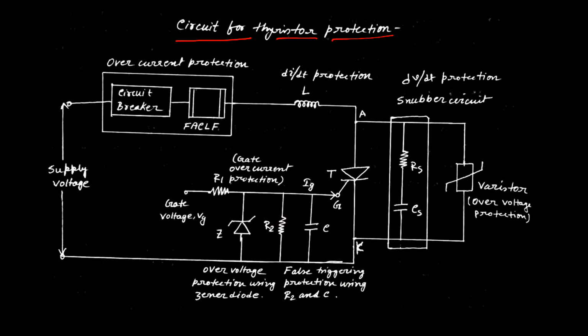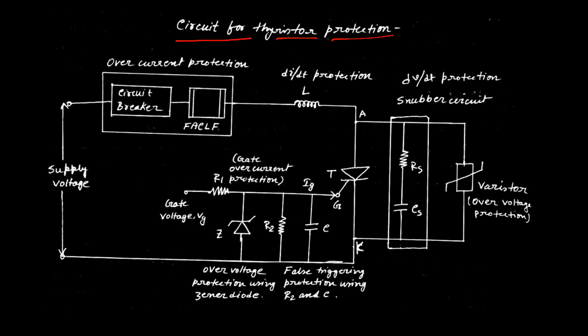R2 is there to protect from overvoltage which can be generated by the gate supply, and R1 is there to protect from the overcurrent from the unwanted signal which can be generated by the gate supply. And the Zener diode is connected across the gate terminal to protect against overvoltage.